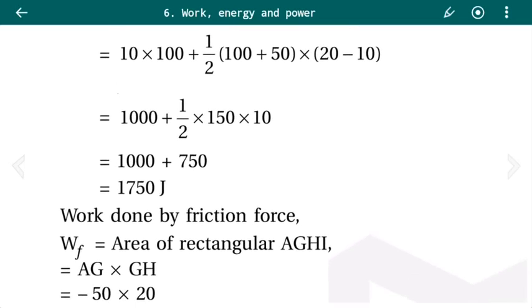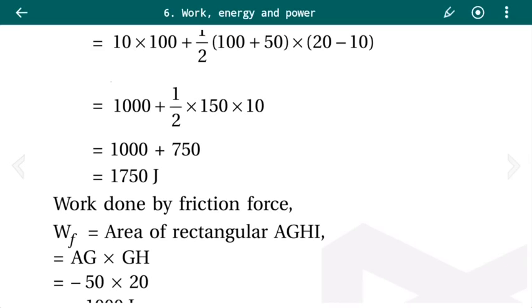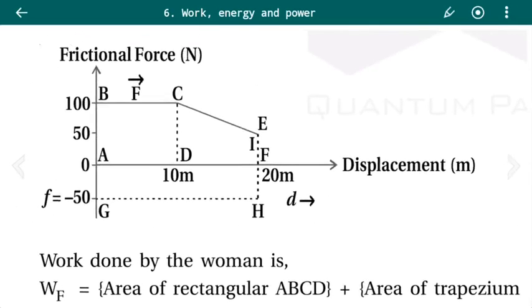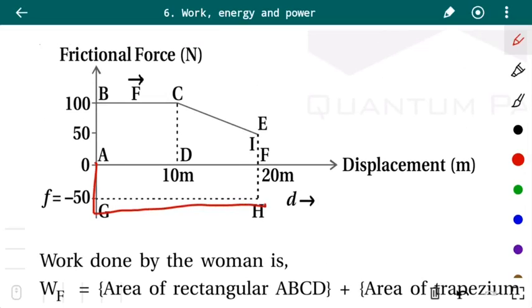Now work done by the frictional force. Work done by the frictional force is the area of rectangle AGHI. That is this AGHI. This area will give you the work done by the frictional force.